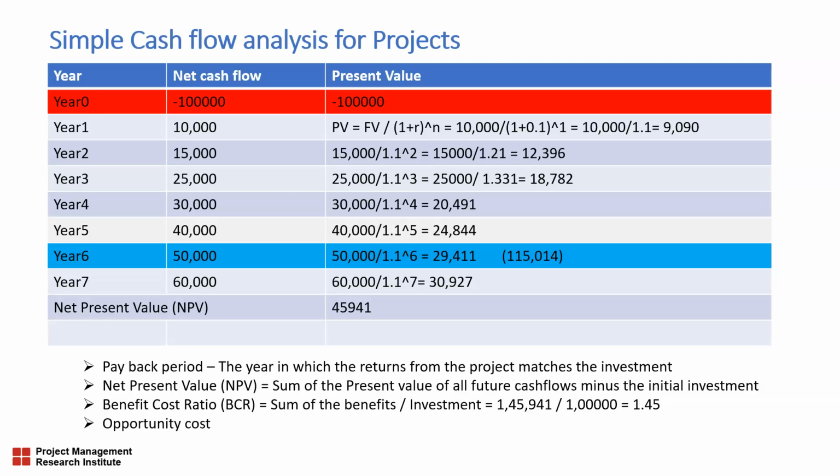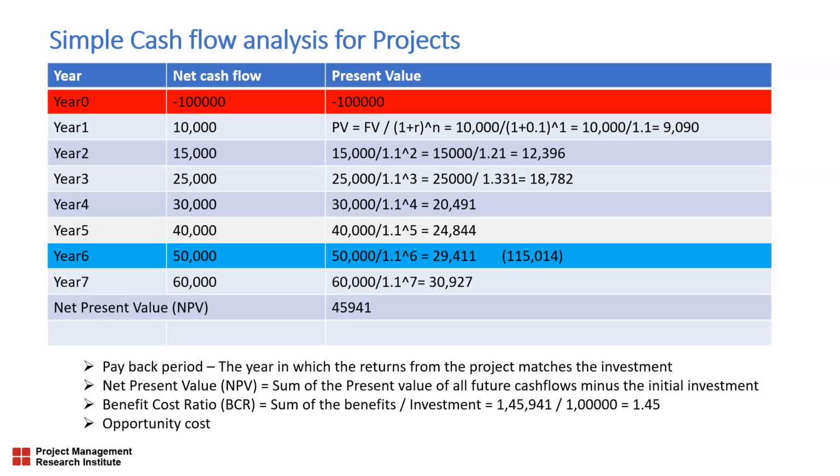So we can consider it as a present value. Before explaining further, let me explain this concept of present value and future value. That means when I put, let us say, 100,000 in bank today, after 5 years I may get, let's say, 200,000.